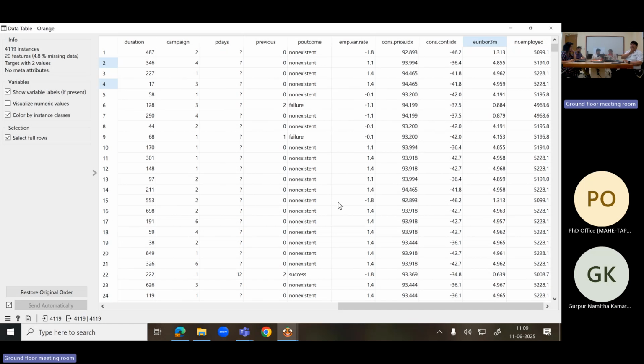But how does it differ? Can you see that Euribor 3M, for the first one it is 1.313, second one 4.855. I can expect some levels, that I can still get. But seemingly it looks very different across individuals.